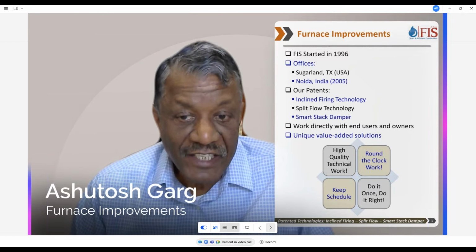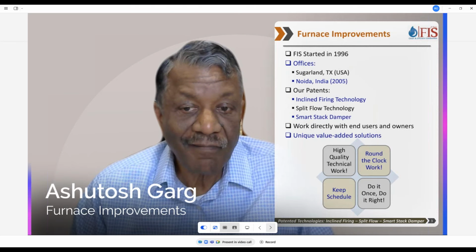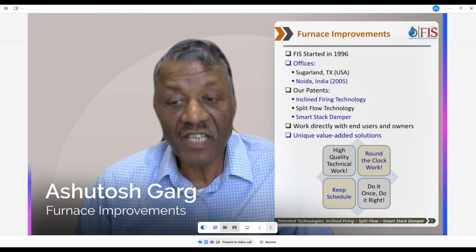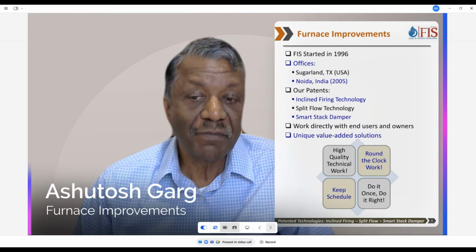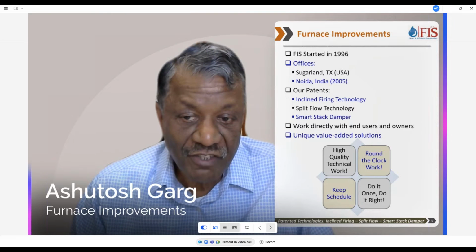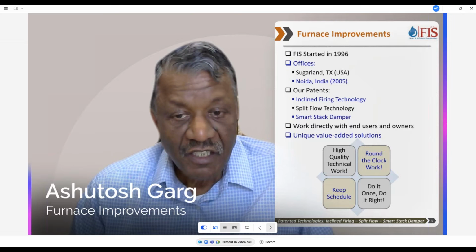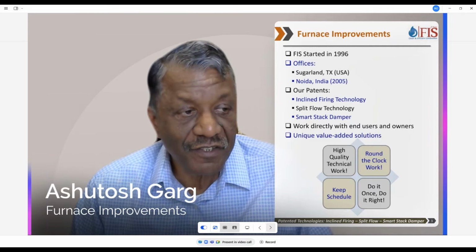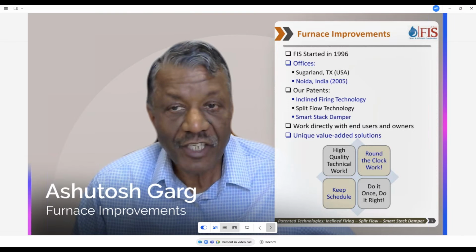Similarly, we studied what is ailing stack dampers, why they are not able to control the stack draft, and we developed a smart stack damper for effective draft control. With your help and support, we will be completing 27 years in business in March 2023.